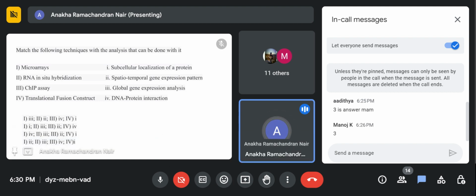So you have to match something from column 1 to its use in column 2. Okay. So maybe go over this for a minute and then see amongst these four which is the correct answer.